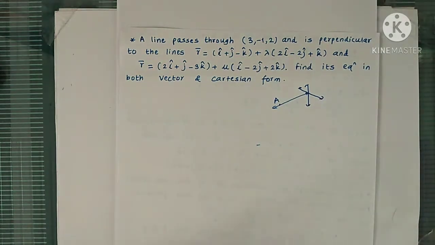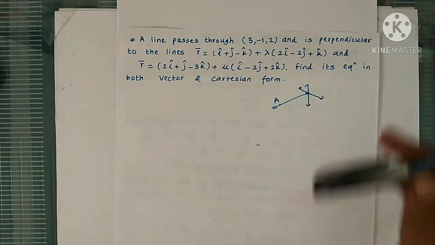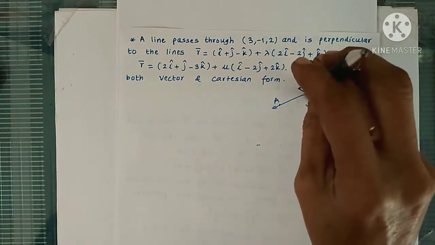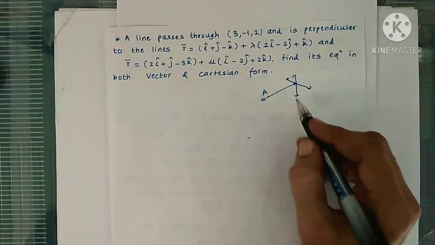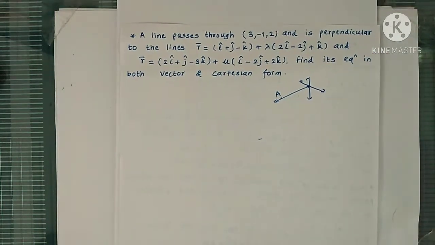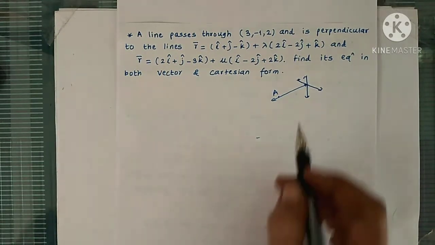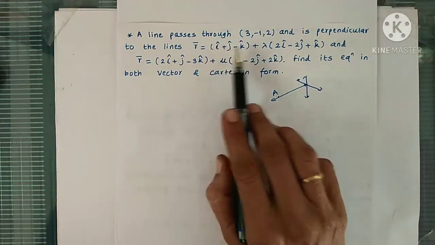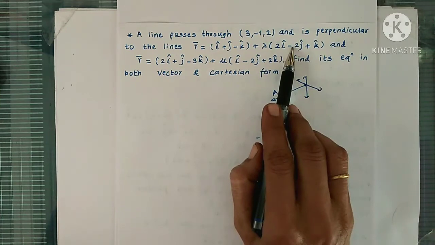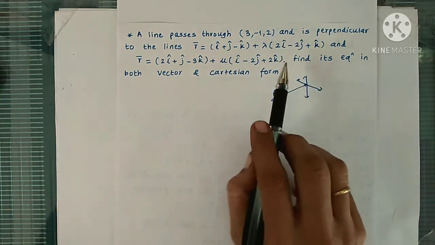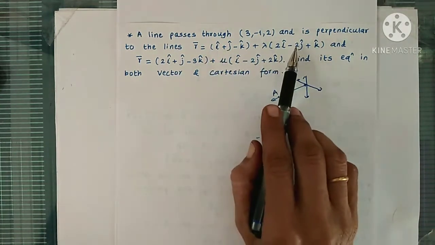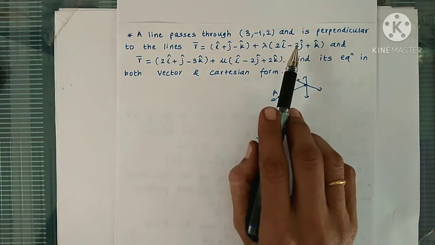As it is a three-dimensional figure, if our line is like this, it is perpendicular to both the lines. That means this line is parallel to this vector. So the required line is perpendicular to this line, means it is perpendicular to this vector.